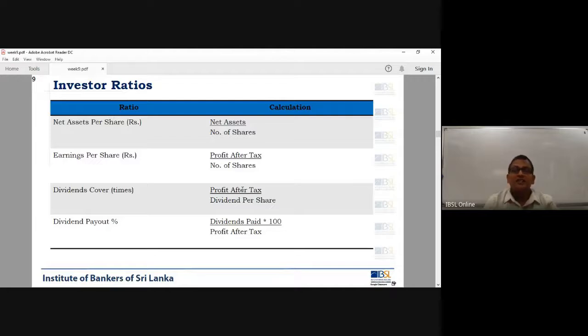So these are some of the investor ratios. These ratios are common for banks and financial institutions, and even other companies as well, such as a production company, trading company or IT company. So these are the investor ratios.